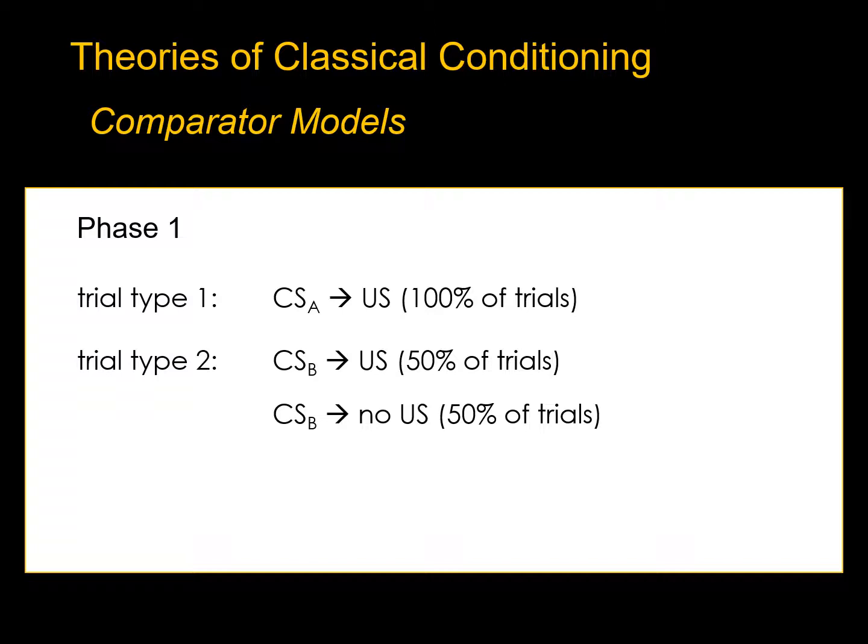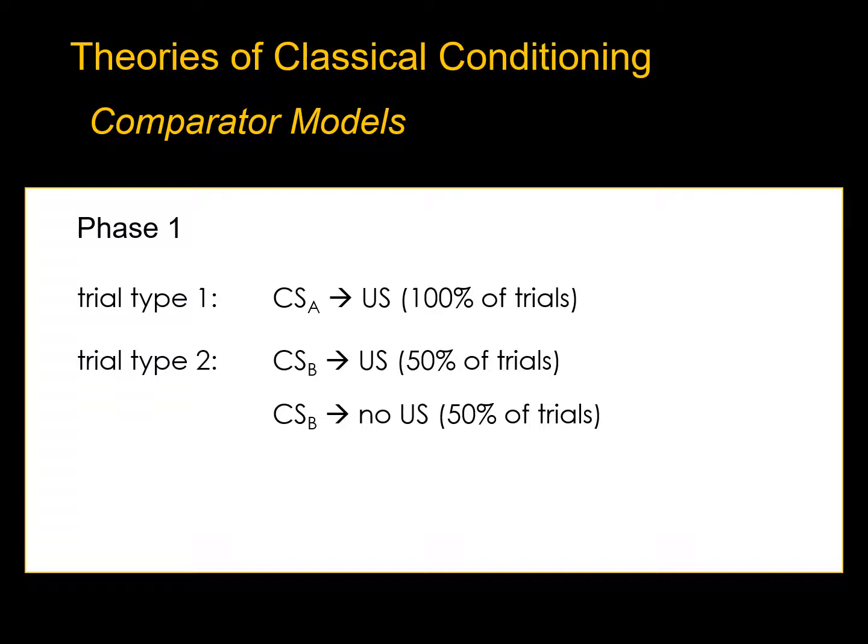So in this training, you're going to learn that the light coming on, CSA being presented, is a pretty good predictor of the shock. The tone coming on is a relatively poor predictor of the shock. It's only right half the time.